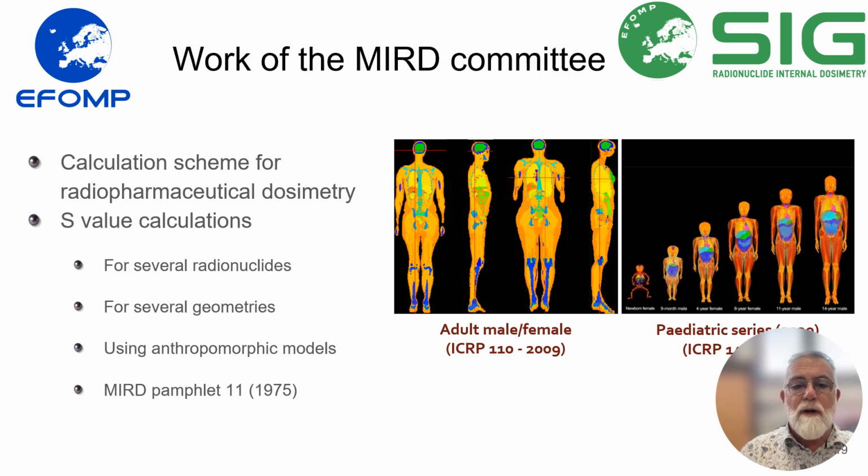And then they've been doing a lot of S-value calculation for reference models. They used to be mathematical models, now they are voxel-based models. You also have NURBS, surface-based models. So the models can be more and more refined. And that started back in 1974. And now you have a production of new S-values.